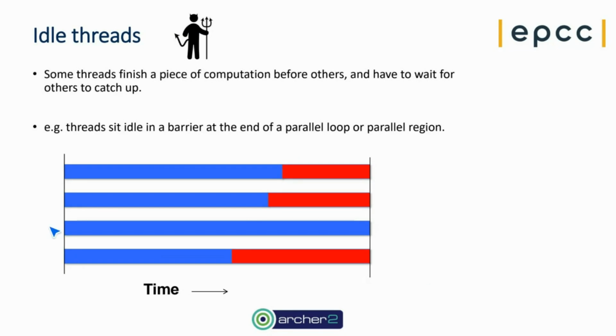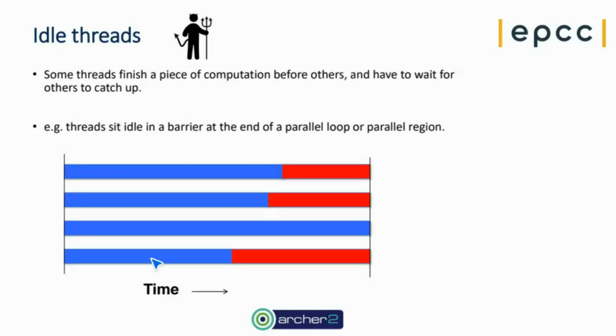So this diagram is meant to be like a profiling trace, showing the activity of 4 threads with time running from left to right. And the blue bit is meant to represent actual computation, and the red part is idle time. So in this case, the 3rd thread takes longer than the others.